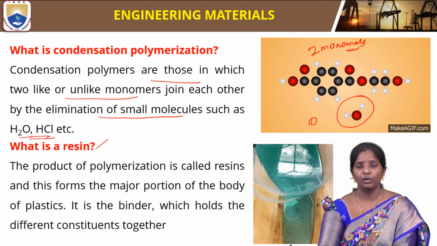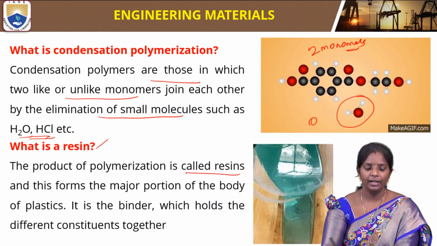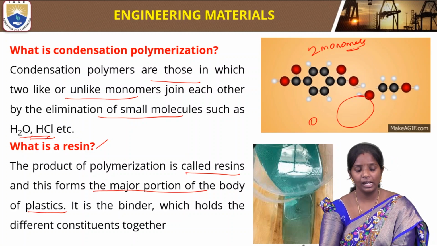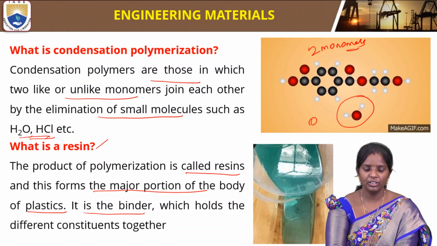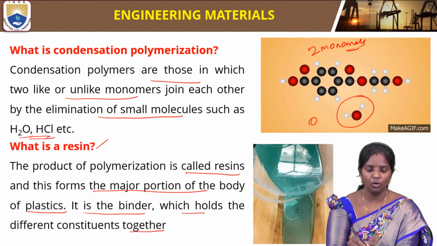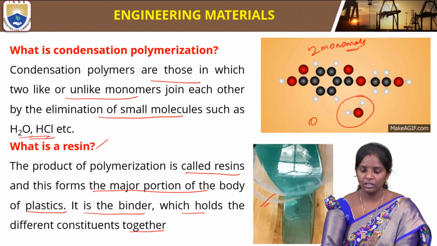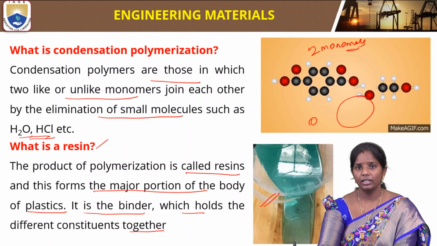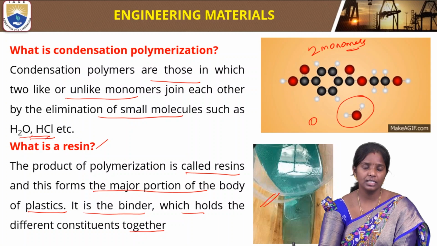Then what is a resin? The product of polymerization is called resin, and this forms the major portion of the body of plastics. It is the binder which holds the different constituents together. So this is the binding agent, and the composition is majorly because of these resins, which cause the polymerization and form plastics.